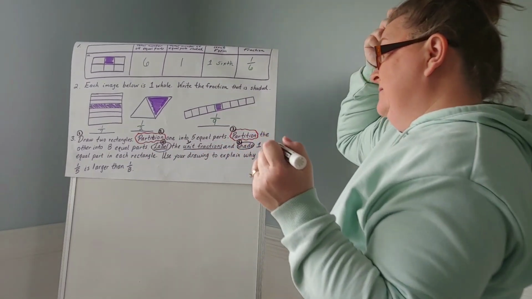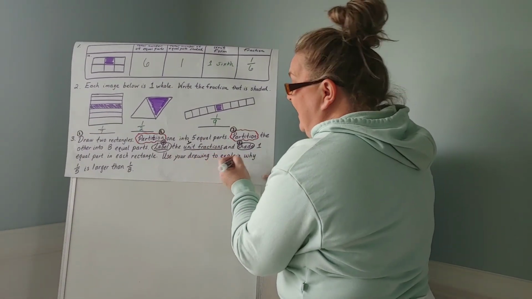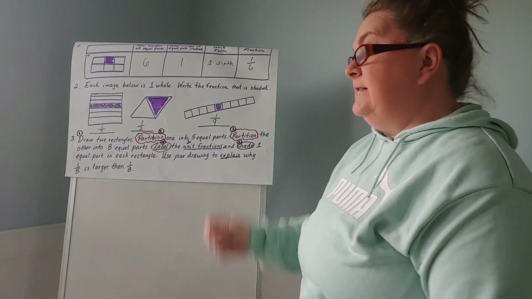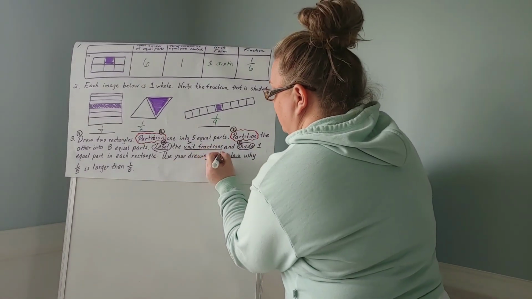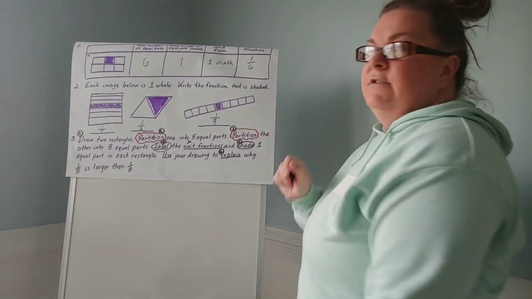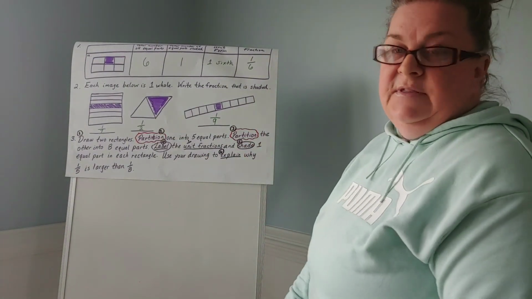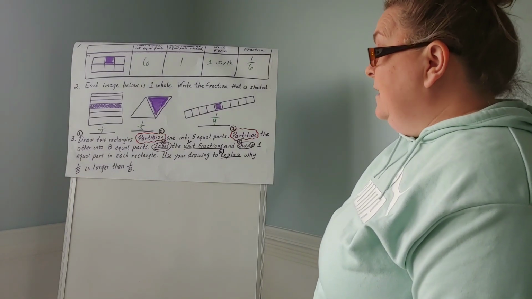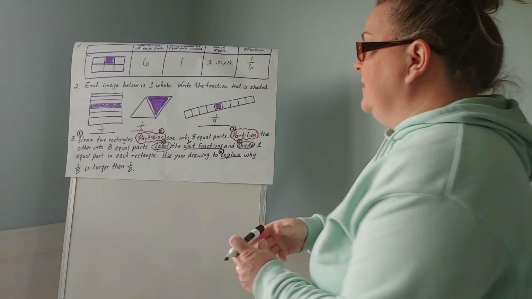That's a lot. And then we're going to use our drawing to explain why 1/5 is larger than 1/8. So wow. Explain, there's our verb. We got to do something to explain. So we have 6 things we need to do in this problem here. 6 things. All right. Let's start with direction 1.